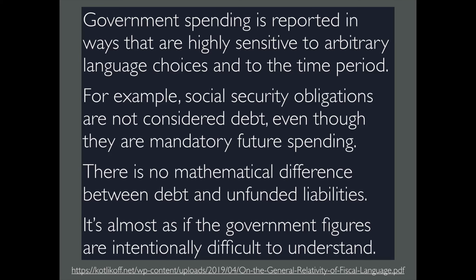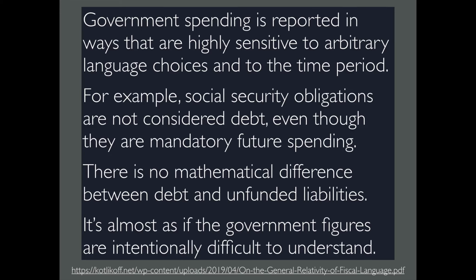So it's not considered debt, but it is considered a funding liability, or a spending liability, like a future liability. Now, that's just language. Whether we call something debt or a liability or future spending or whatever, those are just words. There's no mathematical difference between them.